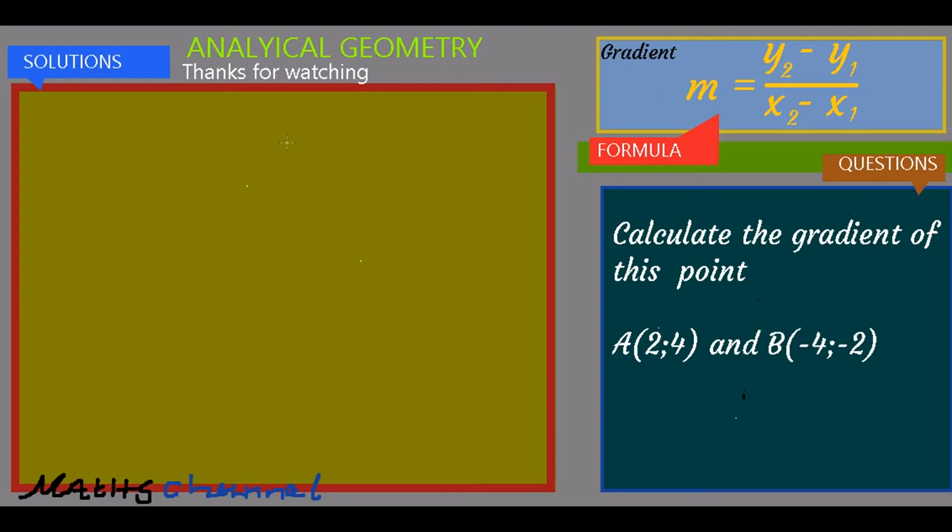So to calculate the gradient of this, they said calculate the gradient of this point. So we are given these points and then you have to calculate the gradient using this equation. You will start by saying m equals.